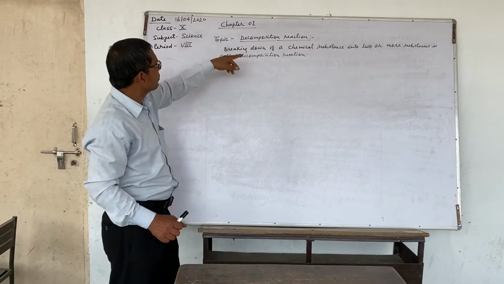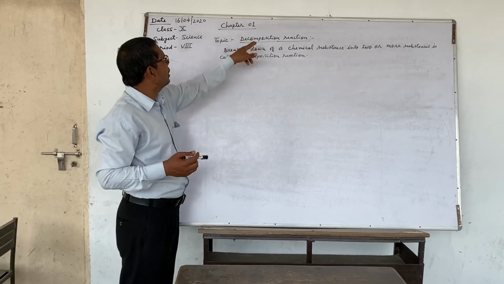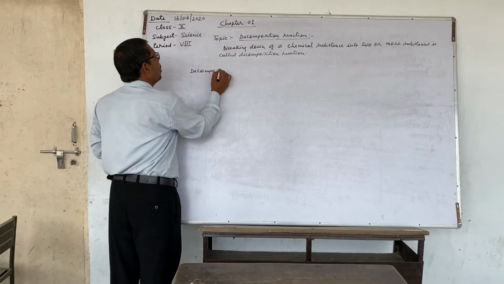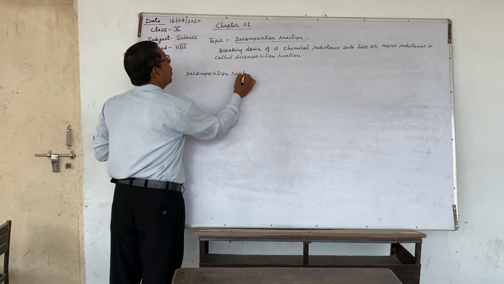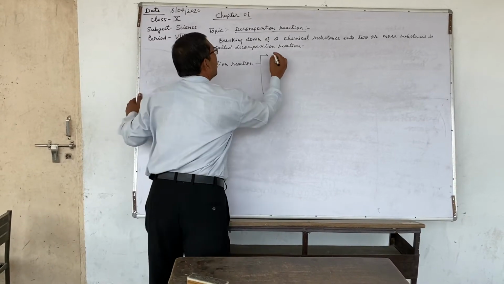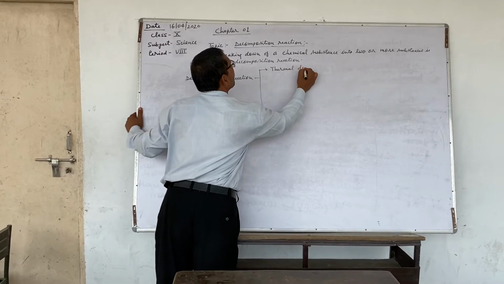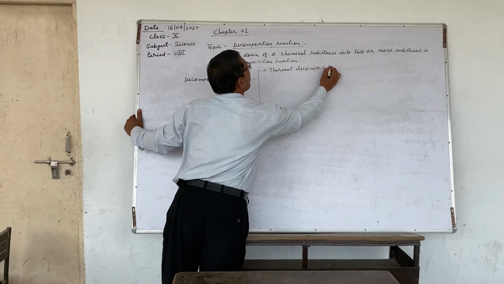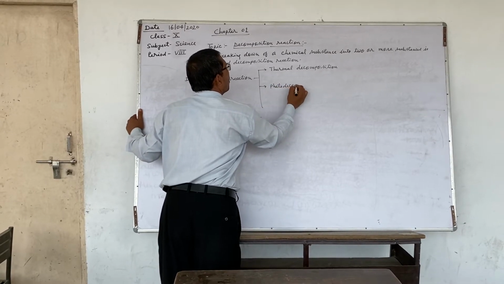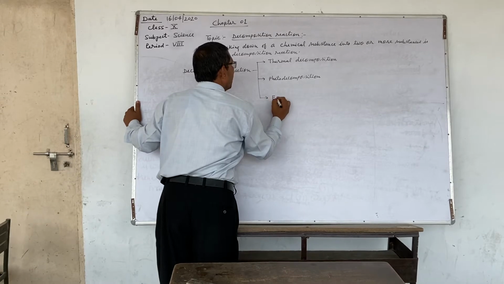Therefore, based on the type of energy, decomposition reactions can be classified in three groups: thermal decomposition, photo decomposition, and third one, electro decomposition.